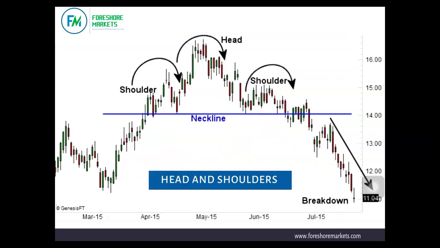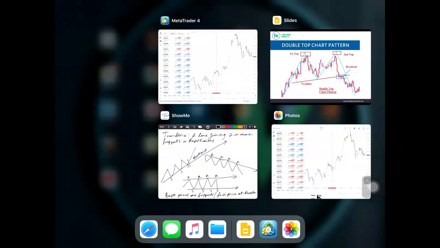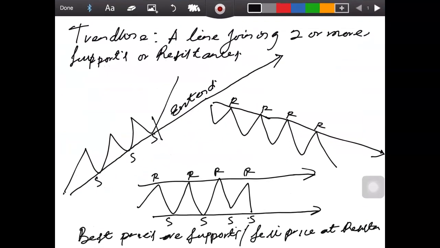Let's go into some practical examples on the real chart. I'll first of all draw it here. Your classic double bottom looks like this. One support, goes up, goes up, goes up. So this is support, support.